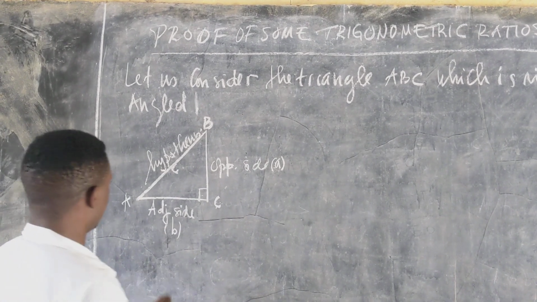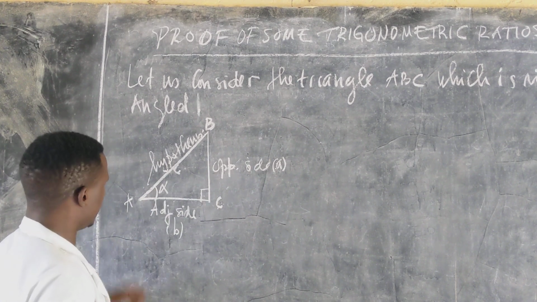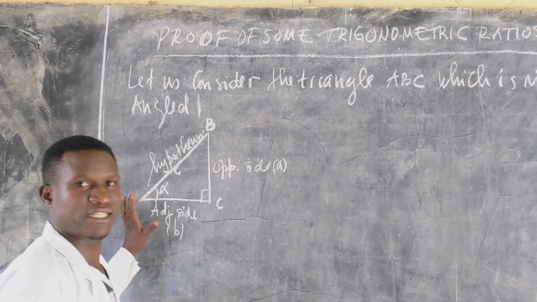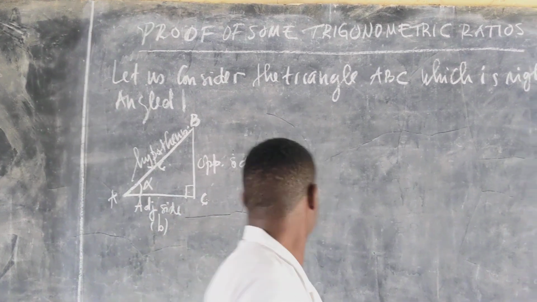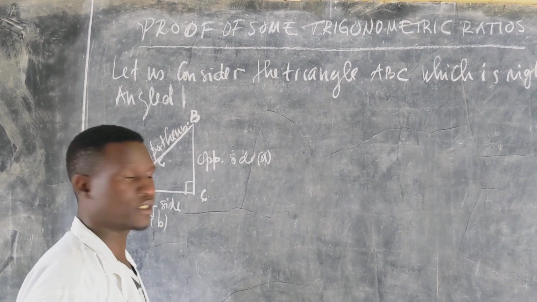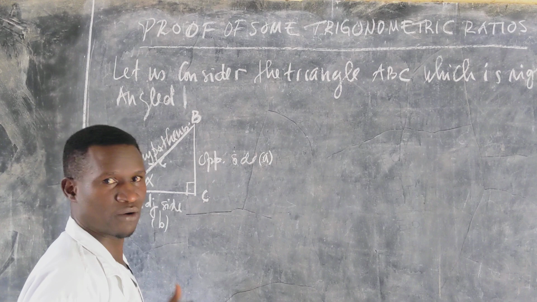So let's consider an acute angle alpha here at A. We can denote 6 trigonometric ratios using this triangle.